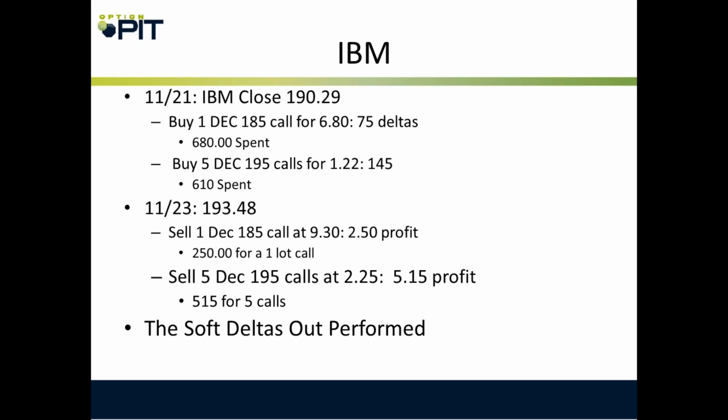If I was selling, I would have been far better off selling the in the money and losing $250 versus $515. So that's the thing to remember: if IV is really low, I want to buy soft deltas or sell hard deltas. And when IV is really high, I want to buy hard deltas or sell soft deltas.